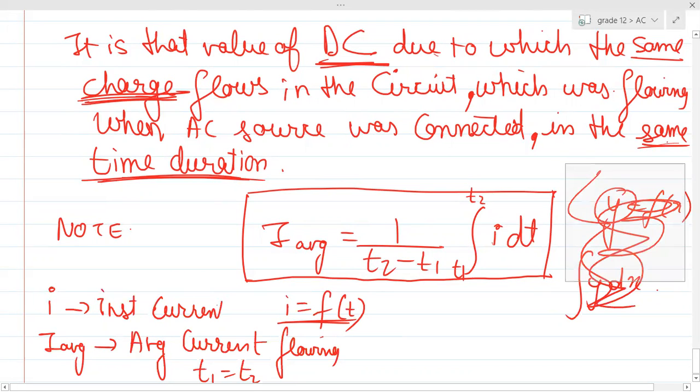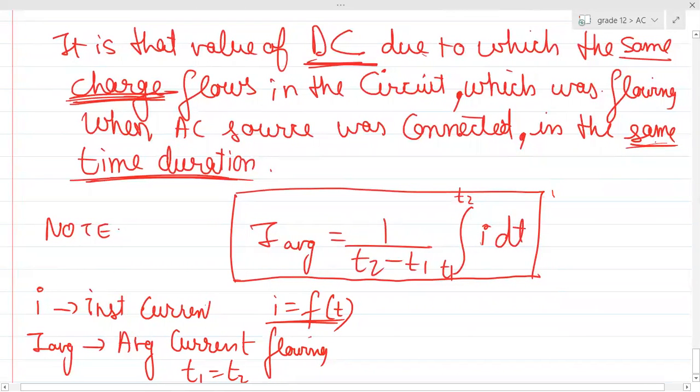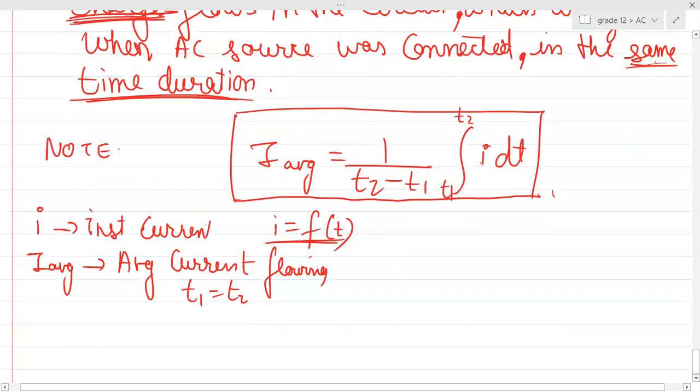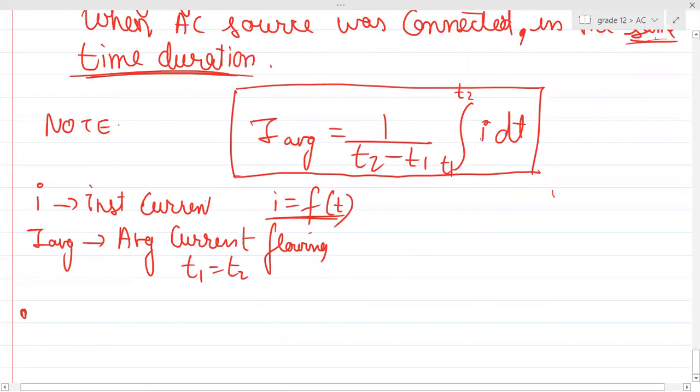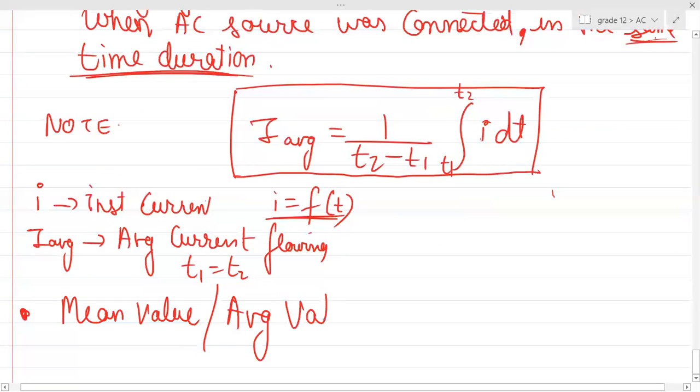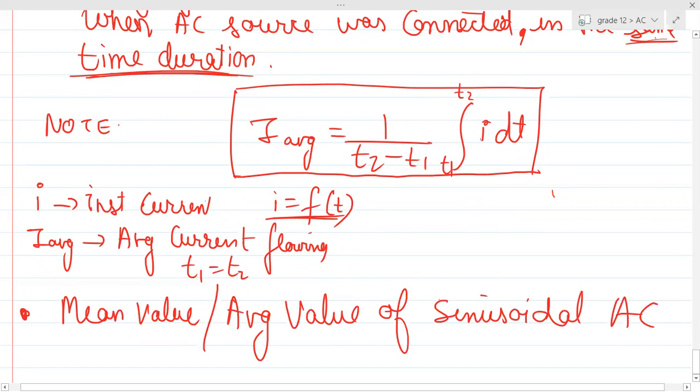So anyways, this is your definition. Let's try to find out the average value of current in case of sinusoidal AC. By the way, average and mean are one and the same thing, right? So I can write mean value or average value of a sinusoidal alternating current.